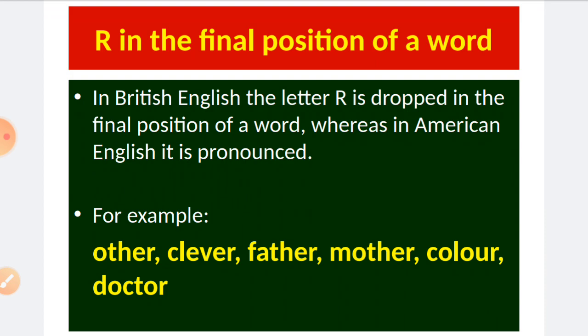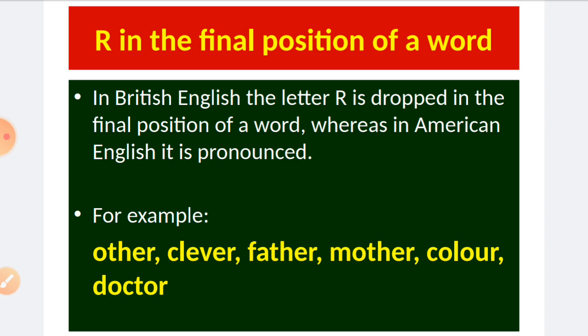For example, British English pronunciation for the following words is other, clever, father, mother, color, doctor, whereas the same words are pronounced in American English as other, clever, father, mother, color, doctor.